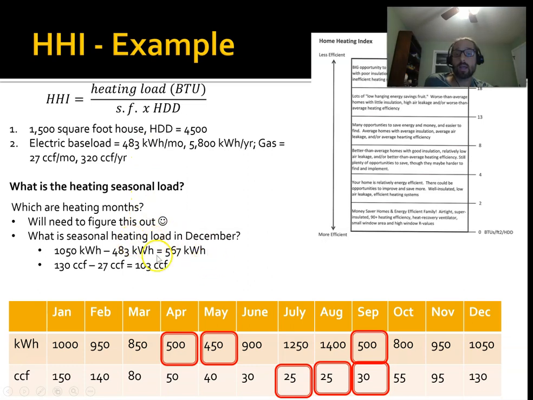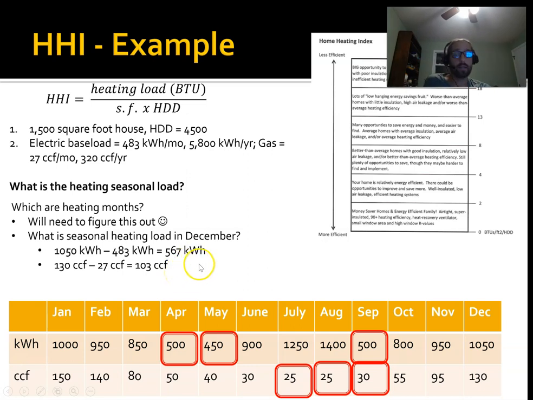And my assumed heating load in electricity in December is 567 kilowatt hours, because that is the amount of electricity above and beyond my base load that I used. And the CCFs, the natural gas, 130 CCFs, I subtract out my base load, 27 CCFs per month. And that means my heating load is about 103 CCFs.